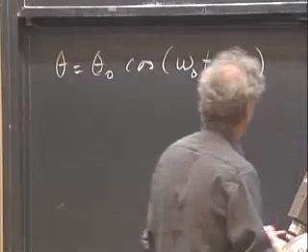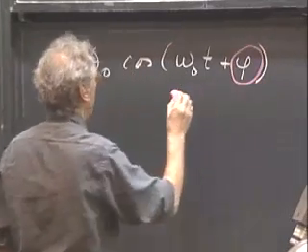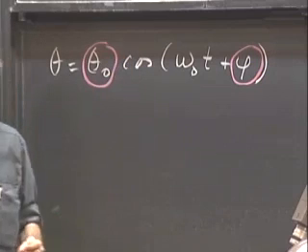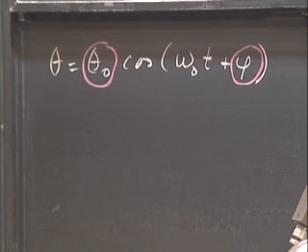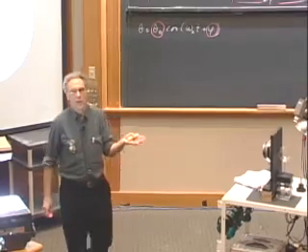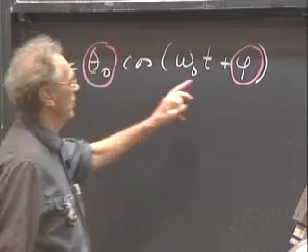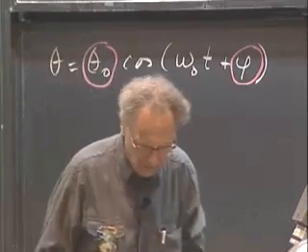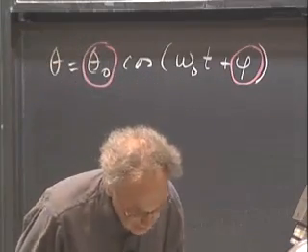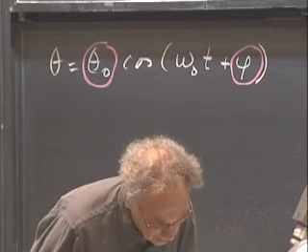And if you knew the initial conditions, what the situation was at t equals 0, if you know the angular velocity at t equals 0, and if you know where it is, you can solve for this theta 0, and you can solve for this phi. But omega 0 is independent of the initial conditions.